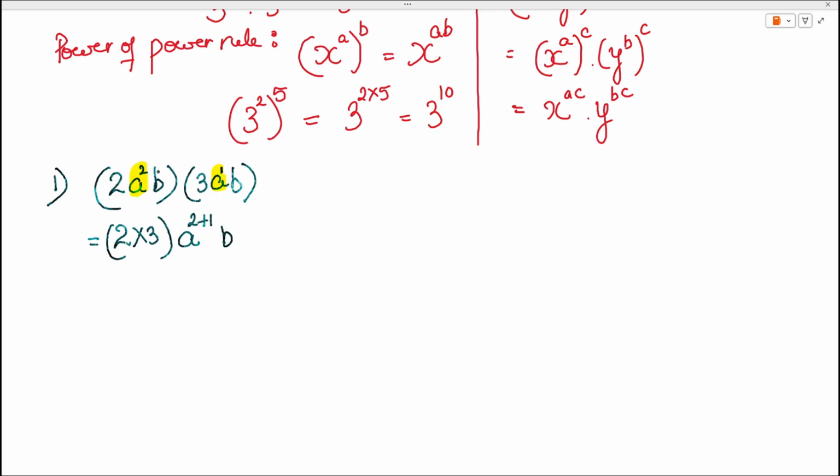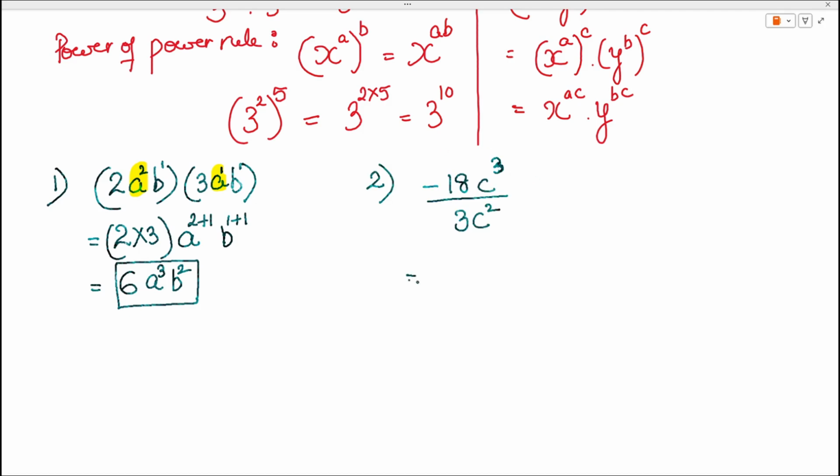And for b again, it's raised to the exponent 1 plus 1, because both of them have an exponent 1. Now 2 times 3 will give us a 6, and this becomes a raised to the exponent 3 and b raised to the exponent 2. So this is our final answer.